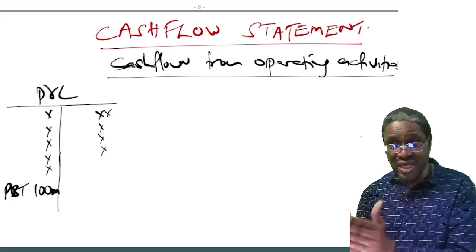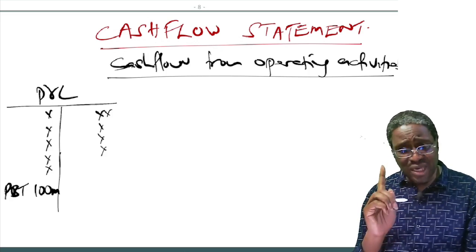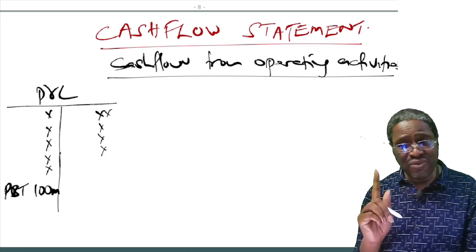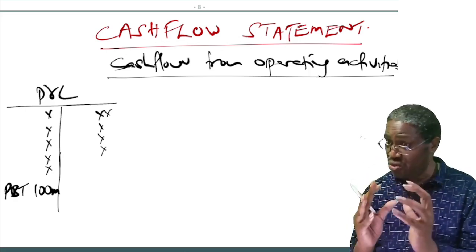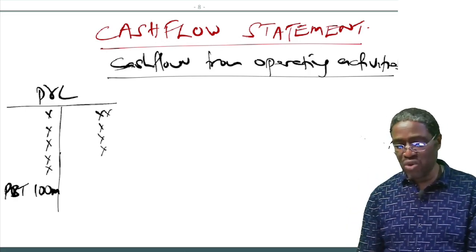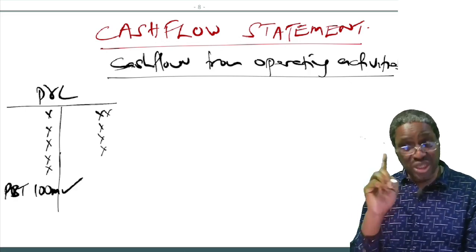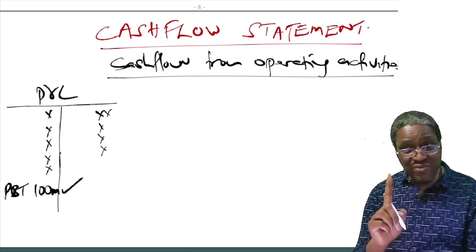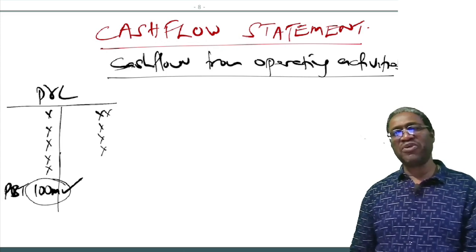Meaning therefore, in general, you can say that your net cash inflow from operating activities should be that 100 million, which is the profit before tax.